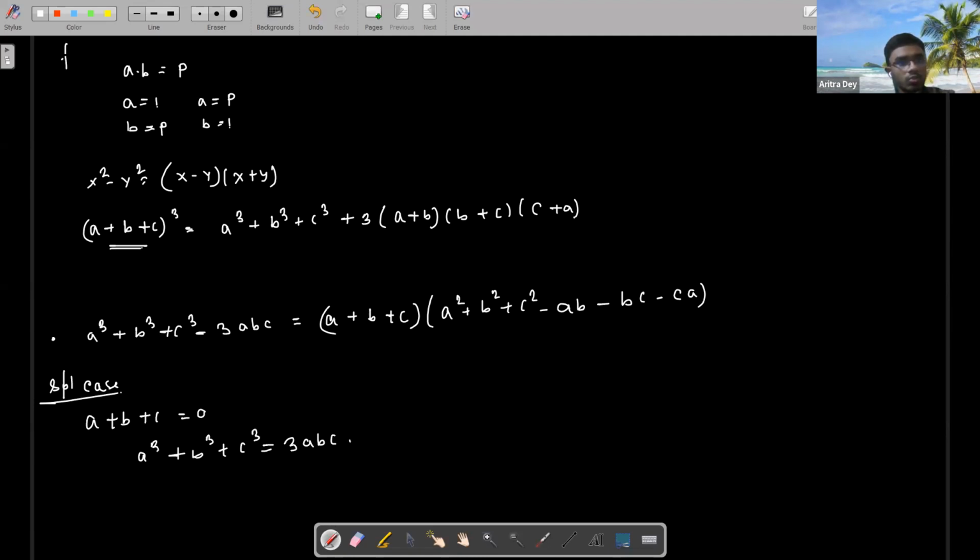If we need to do some factoring, in this particular case we also can have a equal to b equal to something like that. Okay, great. These are the important tools that we need for the first section, that is the factorization section.